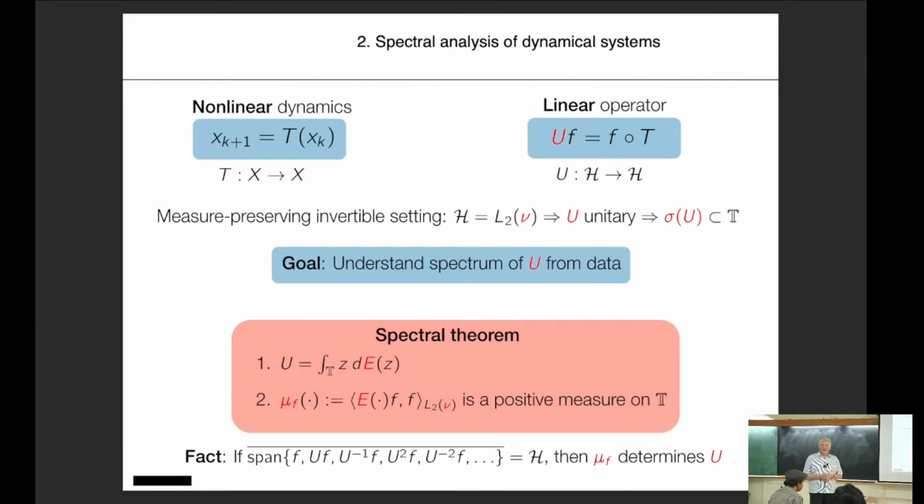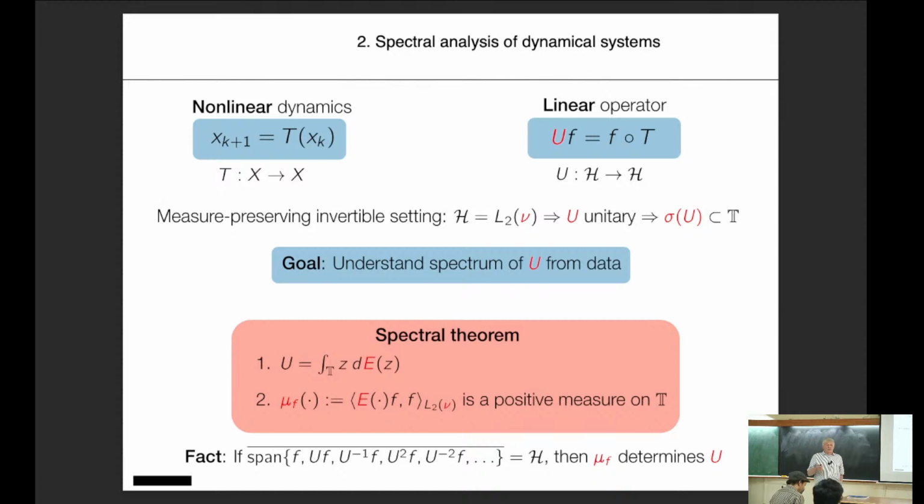The same Christoffel Darboux kernel, but now applied to a totally different field, namely dynamical systems. So we consider an ergodic dynamics with a transition operator T on some state space.